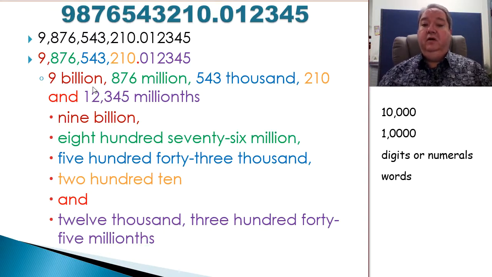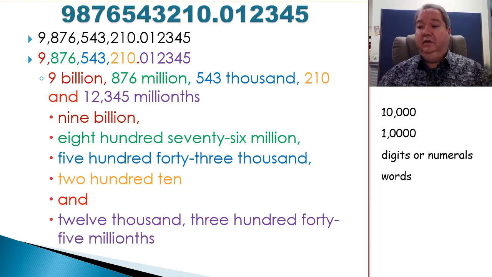But up here, when we say 9 billion, 876 million, 543,000, remember there are no S's here. Okay? No S's here, or here, or here. So be very careful with that. It's very specific, it's very detailed, but if you want to write them and say them correctly, that's what you should follow. Okay? So I hope this one makes sense to you.